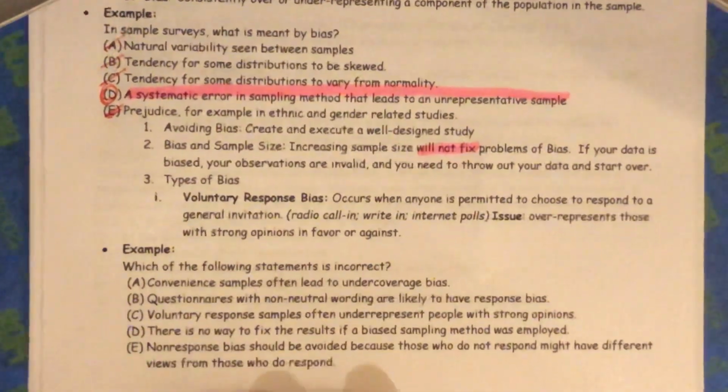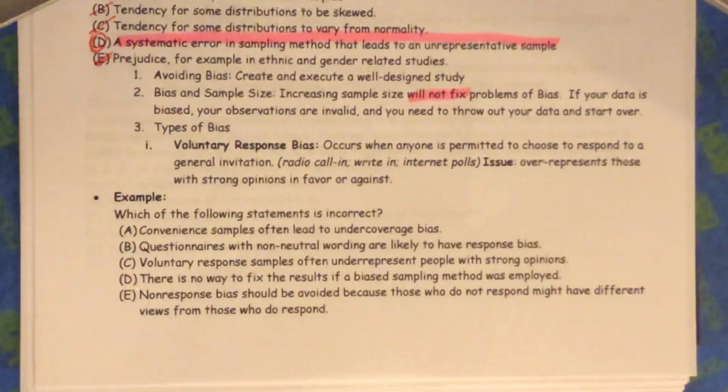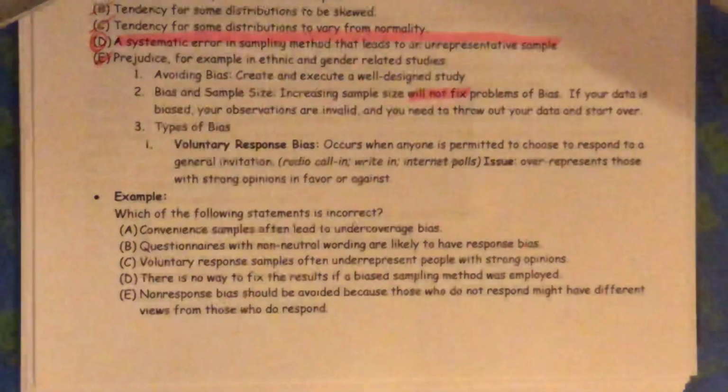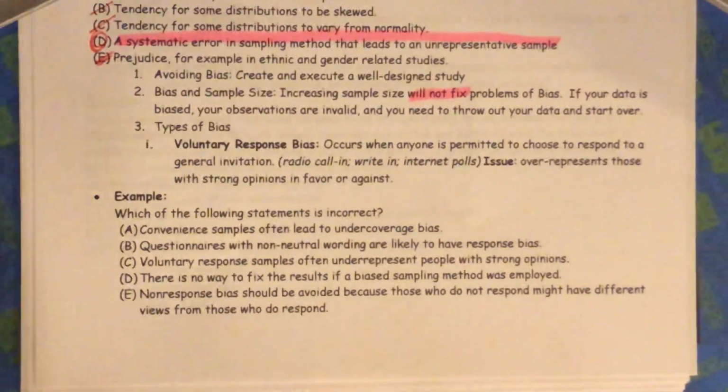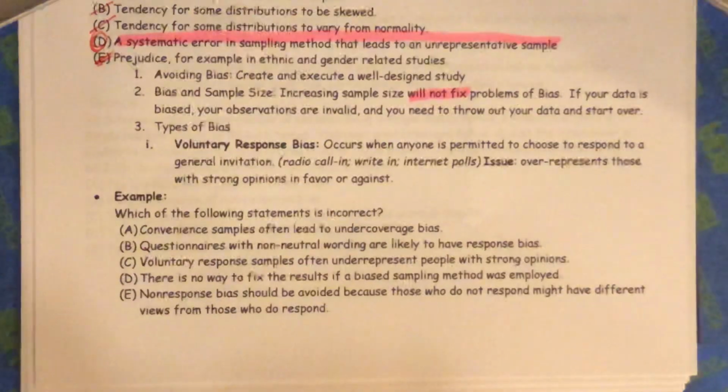All right, types of bias. Well, we have voluntary response bias, and that occurs when anyone is allowed to self-select. They can choose to respond to a question. So, for instance, on the internet, there are all these polls. What do you think of this? Do you like this? And the people that respond to those tend to have, not all of them, but tend to have extreme opinions.